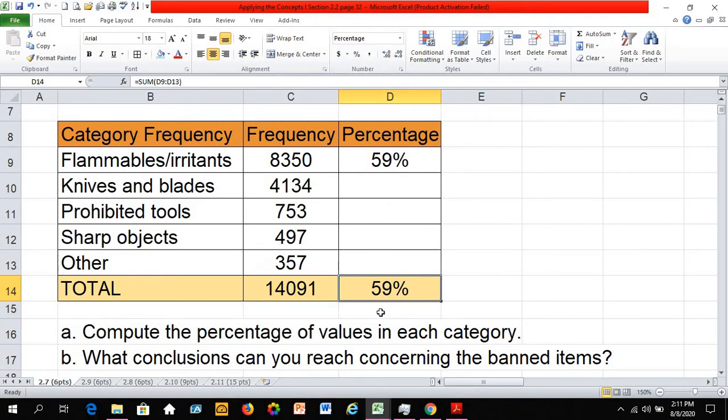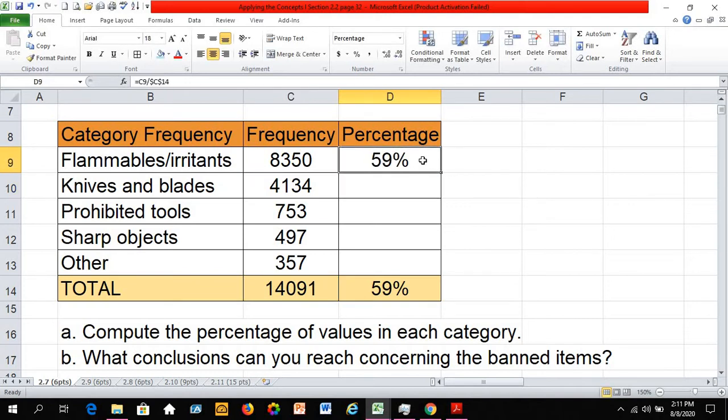So it's rounded to a whole number. Now to copy the formula, make sure that we lock our denominator, or our divisor, so that when we drag the formula, the cell for the divisor, which is 14,091, will not move.